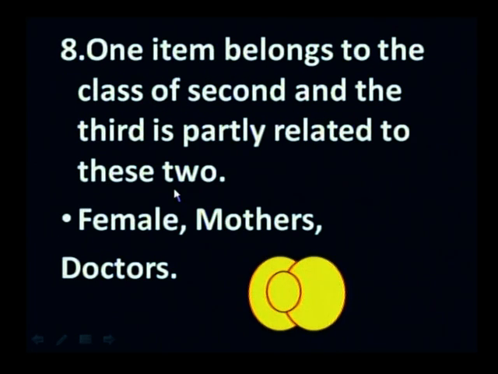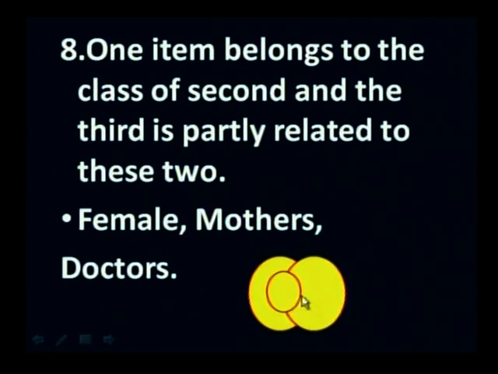The next kind: one item belongs to the class of a second and the third is partly related to these two, like females, mothers, doctors. All mothers are female, so mothers completely belong to the second, but then the third, doctors, is partly related.